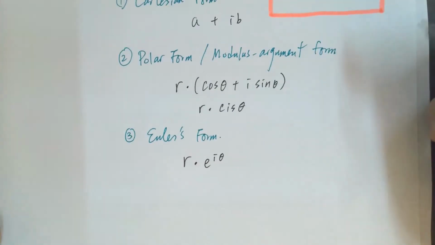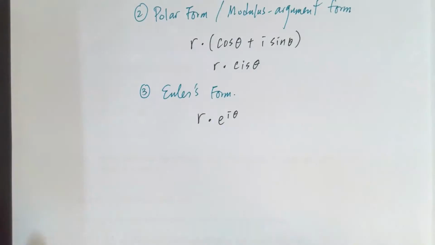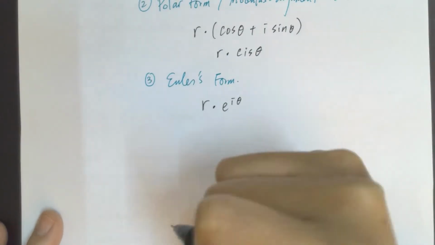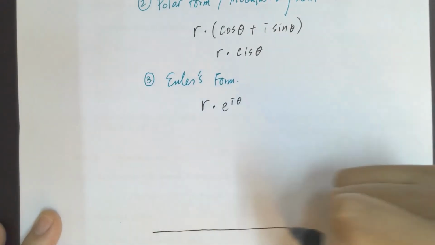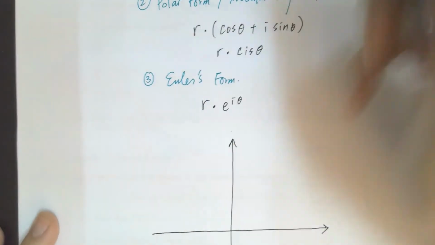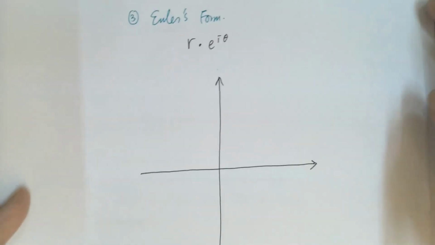So the Cartesian form, right? So we know that, let's say if we have a complex plane, allow me to not use a ruler because eventually I'm going to stop using a ruler anyway. So let's say we have this Argand plane, right?